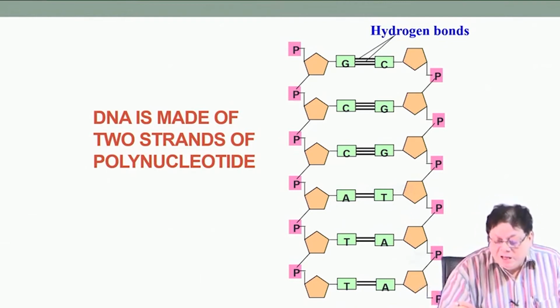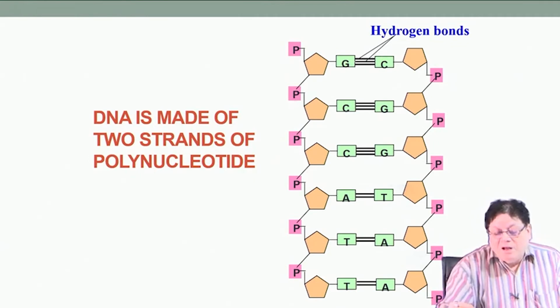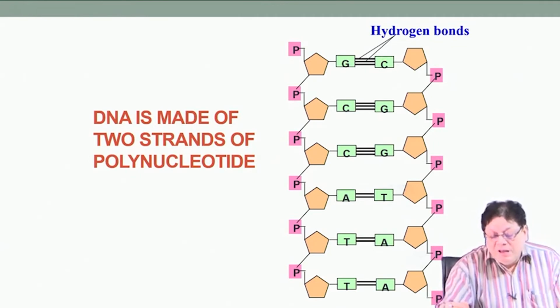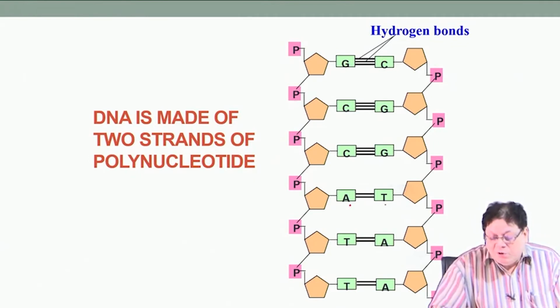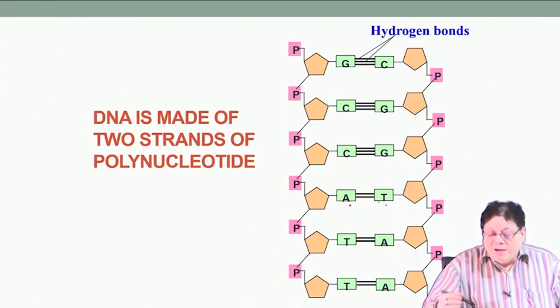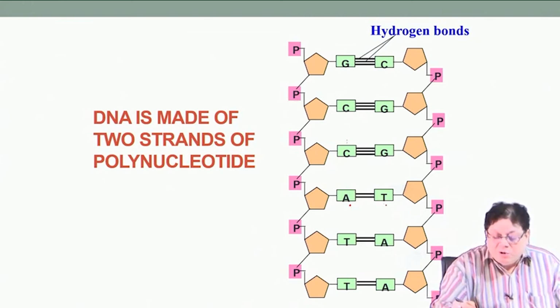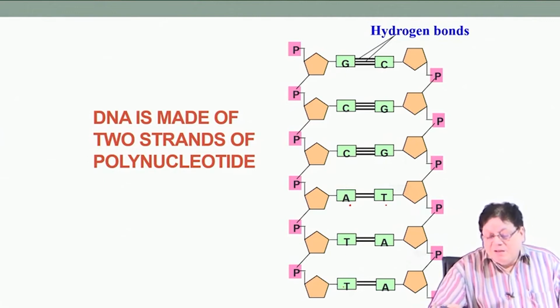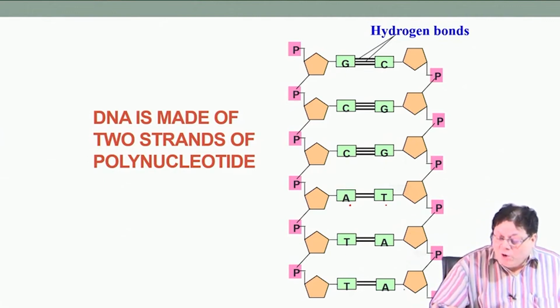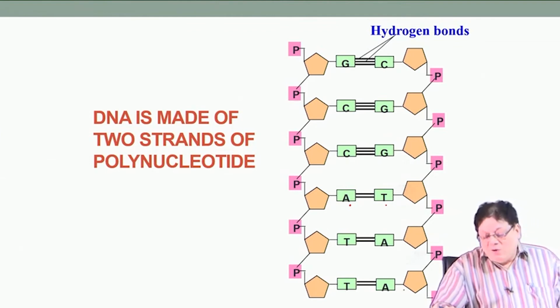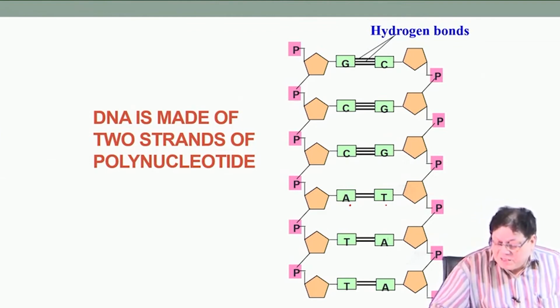These lines are basically hydrogen bonds, but specifically G forms hydrogen bonds with C and A forms hydrogen bonds with T. So, when one strand has all these sequences G, C, A, T, T, then the opposite strand, that is called the complementary strand, will have bases which can form hydrogen bonds with the bases present in the original primary strand.